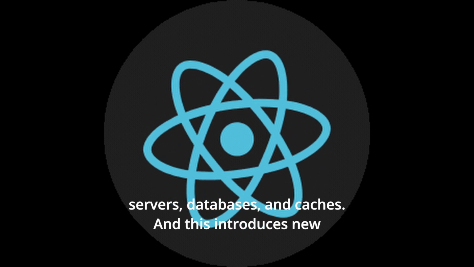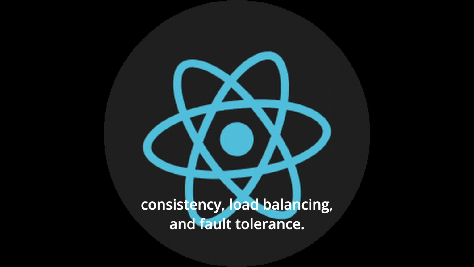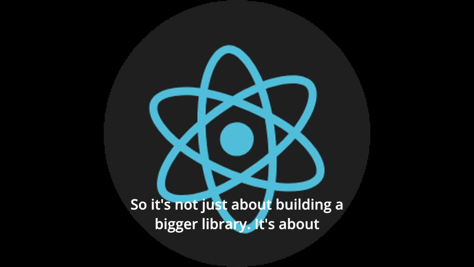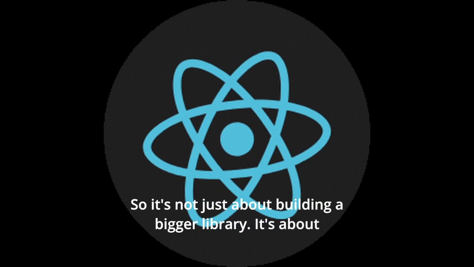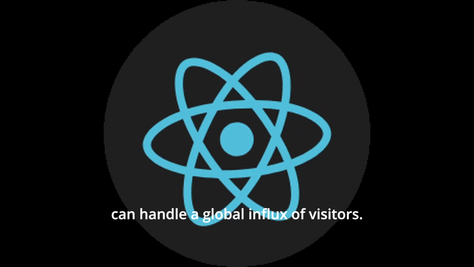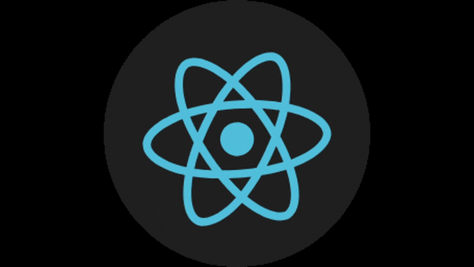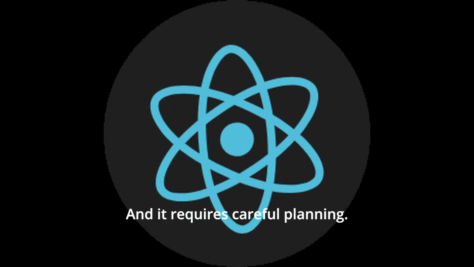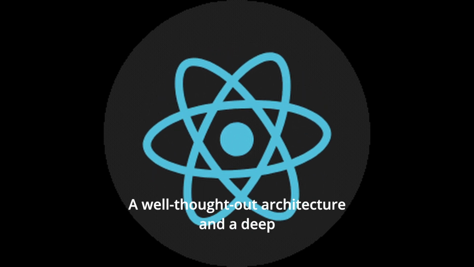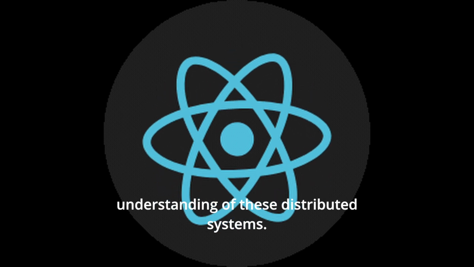And this introduces new complexities in terms of data consistency, load balancing, and fault tolerance. So it's not just about building a bigger library. It's about creating a network of libraries that can handle a global influx of visitors. Exactly. And it requires careful planning, a well-thought-out architecture, and a deep understanding of these distributed systems.